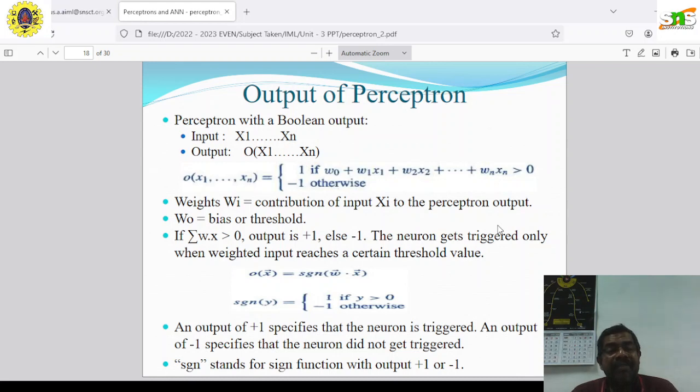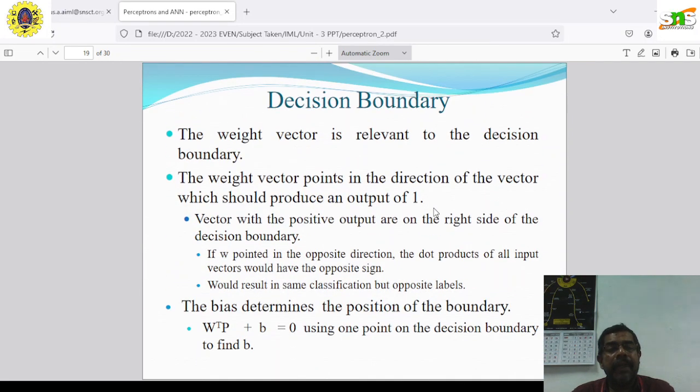The output of vector x equals sign of w, the vector w multiplied with the vector x. Sign of y equals 1 if y is greater than 0, and -1 otherwise. An output of +1 specifies that the neuron is triggered, and an output of -1 specifies that the neuron did not get triggered. So SGN stands for the sign function with output of plus 1 or minus 1. On that continuation, we are going to see about the decision boundary.